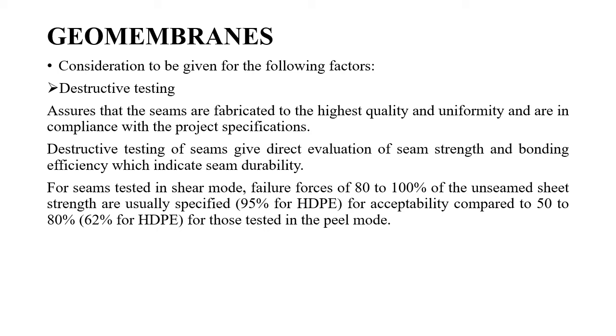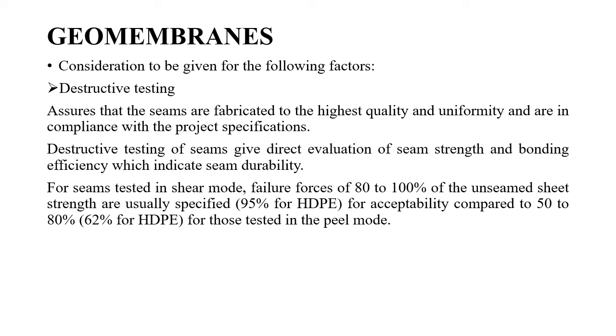You take quite a few samples from the liner material used for the installation and test them for seam strength. If you find that quite a number of samples have failed, that is, they have very poor quality seams, then you will have to replace the entire seam or the liner material.